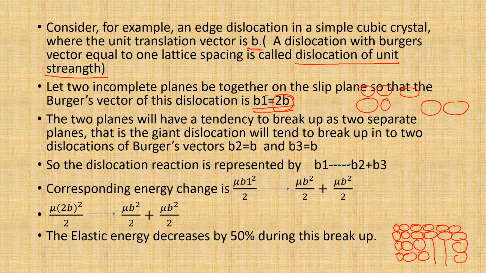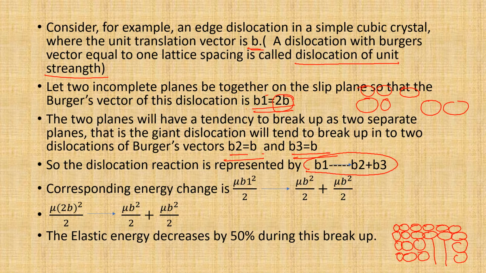These two planes will have a tendency to break up into two separate planes. That is, the giant dislocation will tend to break up into two dislocations of Burger's vectors B2 and B3, where B2 equals b and B3 equals b, so that the dislocation reaction can be represented by B1 gives B2 plus B3.